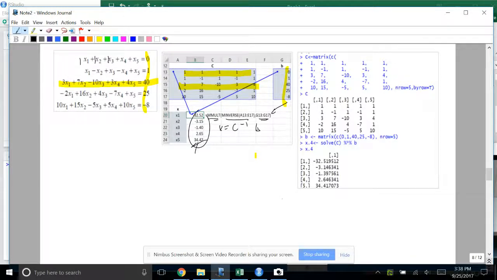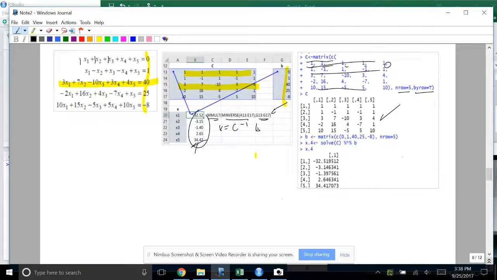And in R, I entered the matrix, put in the coefficients. R is kind of good because it sees the comma here and knows not to return, so it's waiting for new information. So I input the data, I give the number of rows, and I put by row. So as the numbers are read, it's going to be read across the row, first row, second row, third row.